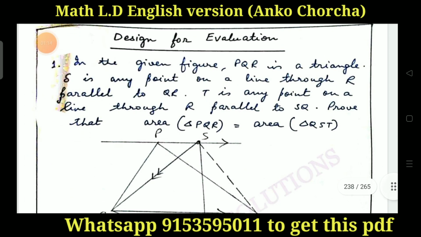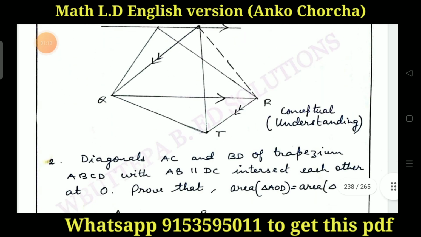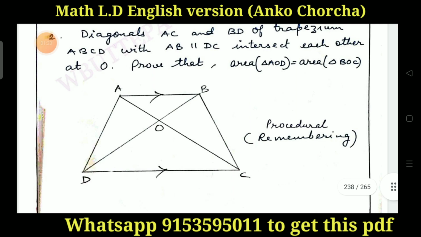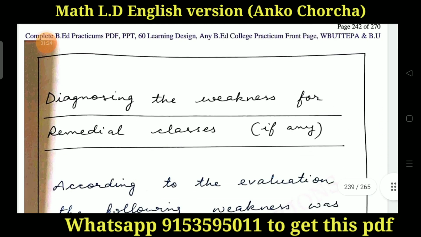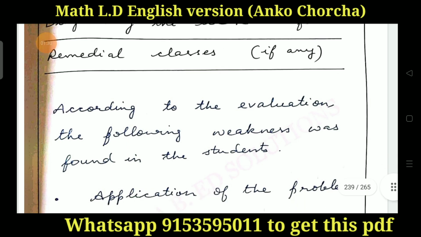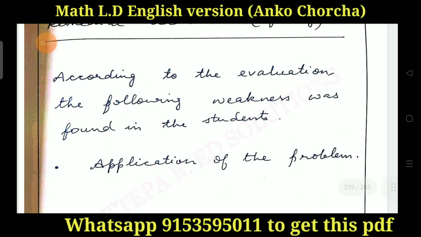Design for evaluation, here some questions are designed. Diagnosing the weakness for remedial classes, if any. According to the evaluation, the following weakness was found in the student: application of the problem.